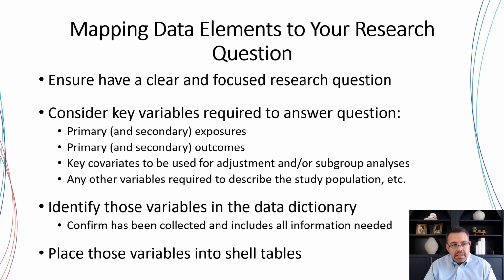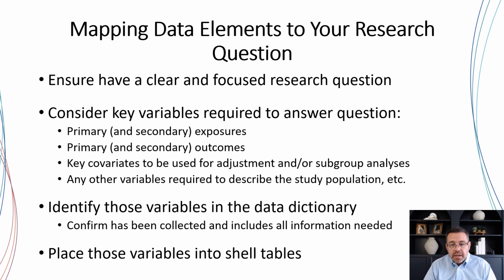And so that's the second point here, is to then, once you have a research question, consider the key variables required to answer that question. And here, I always like to think about my primary as well as my secondary exposures. So what are my exposures of interest in my study? What are the primary and secondary outcomes that I'm interested in examining? What key covariates might I need to include for any type of, let's say, statistical adjustment, or perhaps any subgroup analyses, right?